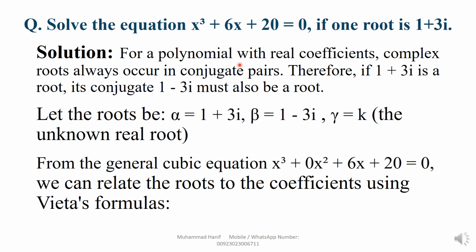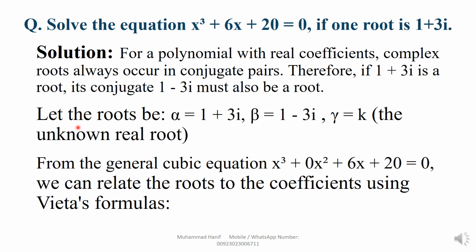For a polynomial with real coefficients, complex roots always occur in conjugate pairs. Therefore, if 1 plus 3 iota is a root, its conjugate 1 minus 3 iota must also be a root.